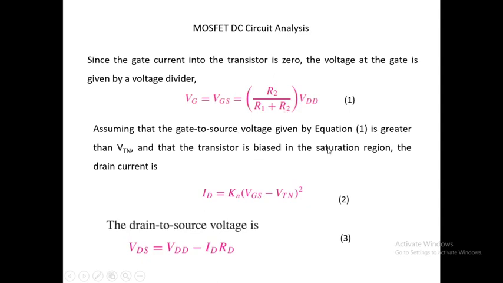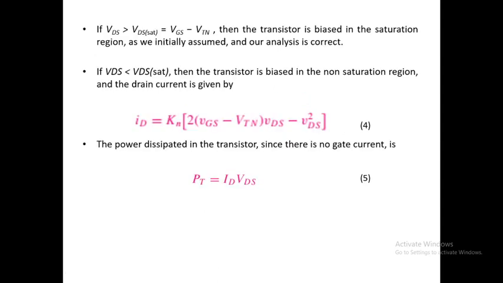We'll assume that the transistor operates in the saturation region. So apply the equation of current for the saturation region: ID is equal to Kn (VGS minus VTN) squared, and apply KVL to the outer loop. Then we can calculate VDS is equal to VDD minus ID RD.